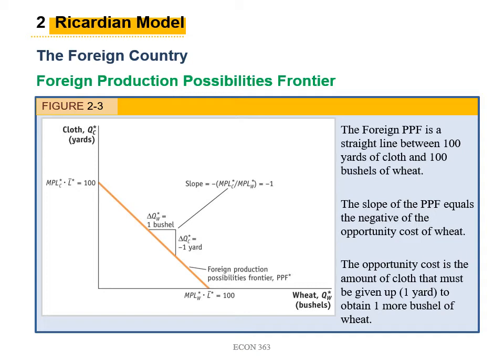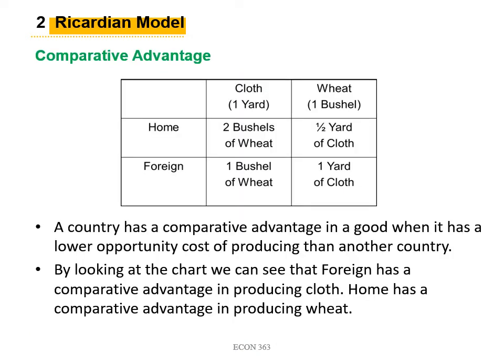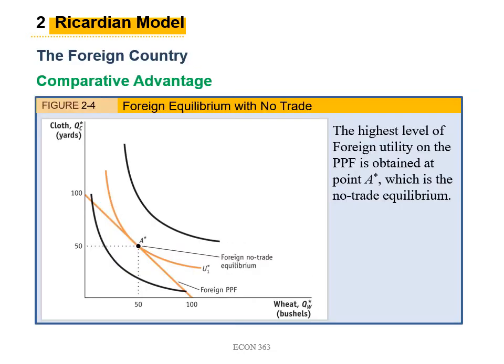But otherwise, the logic works exactly the same. In this model, the foreign country has the comparative advantage in the good that's on the left-hand side vertical axis, and the home country has the comparative advantage in what I'll call the horizontal axis good. By looking at the chart, you can see the foreign country has a comparative advantage in producing cloth, and the home country has the comparative advantage in producing wheat.